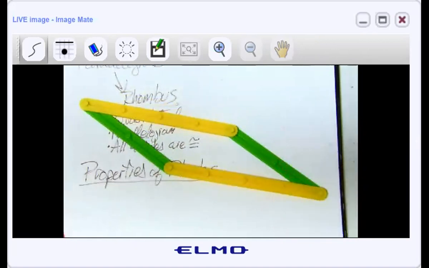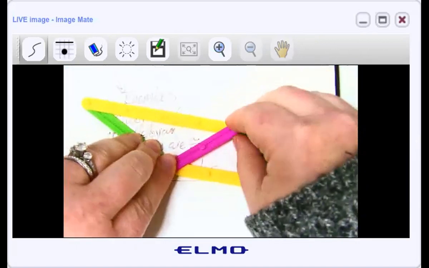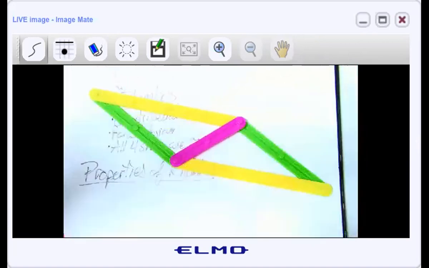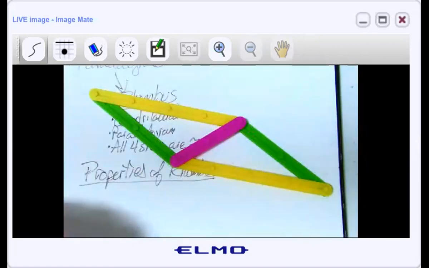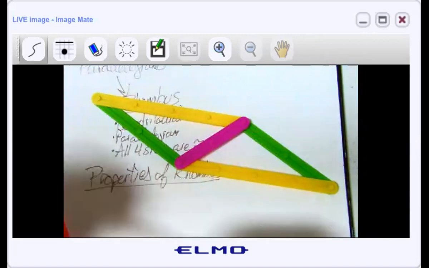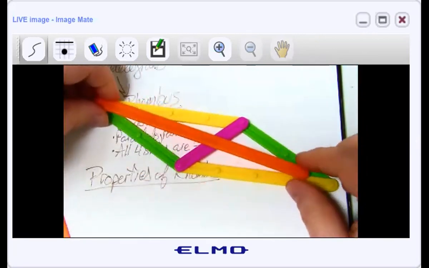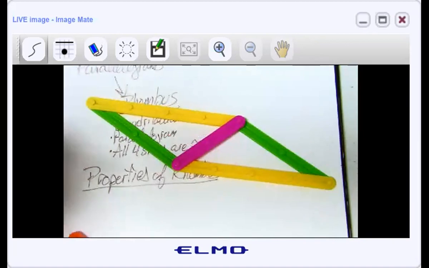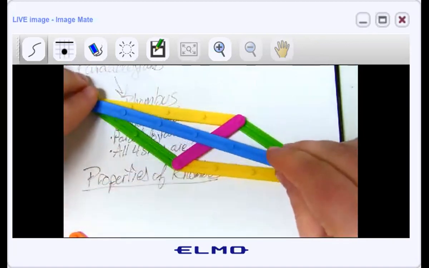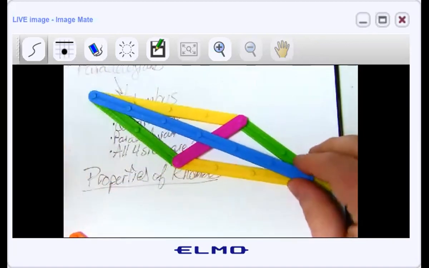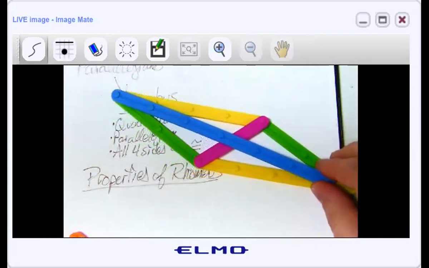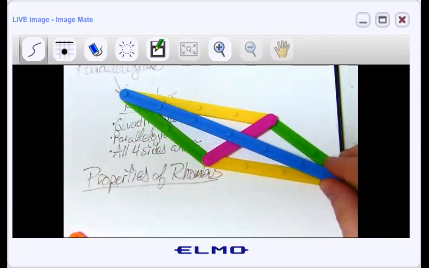They are not going to be perpendicular. There's one, and then let's see if I have something that'll reach on the other side. Maybe blue is a little bit longer. Yeah. There's no way that those diagonals are perpendicular, right? Look at them. They're not even close.